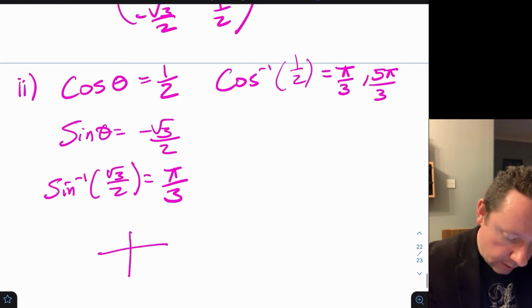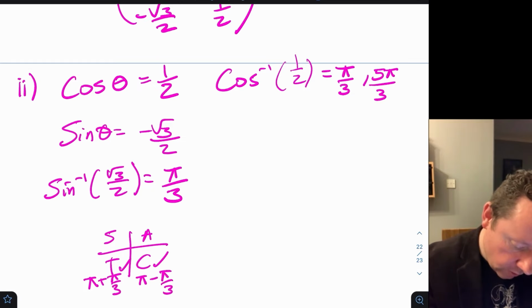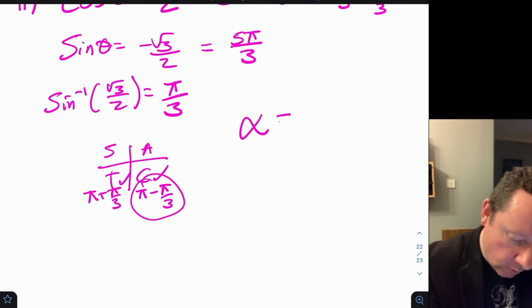So using our CAST diagram, sine is negative in this case, so we get pi plus pi over 3 and pi minus pi over 3. So this one again leads to 5 pi over 3. So alpha is equal to 5 pi over 3, and we're done there.